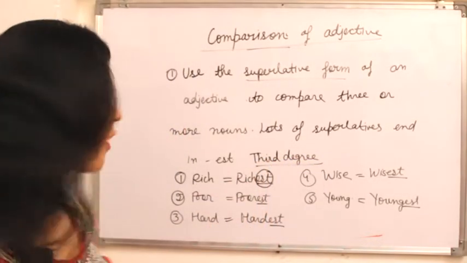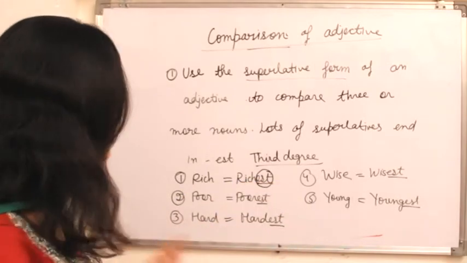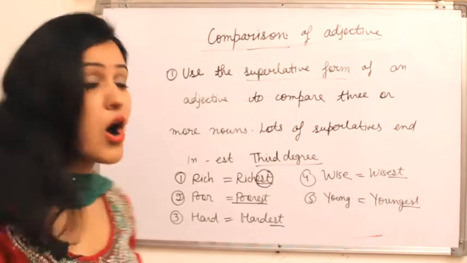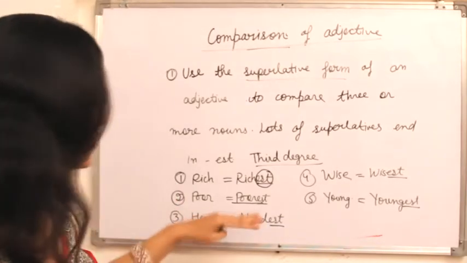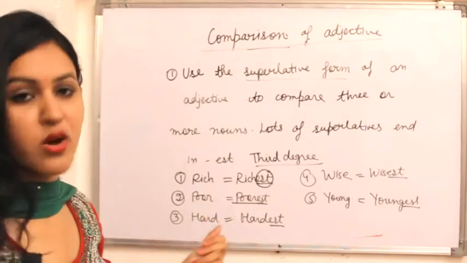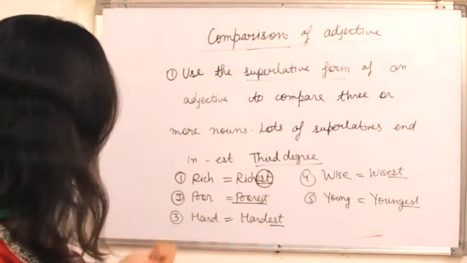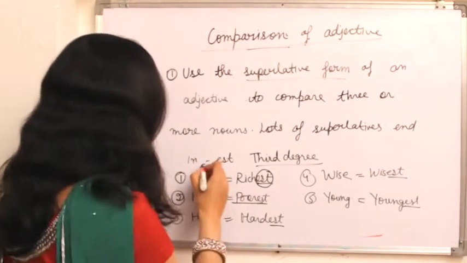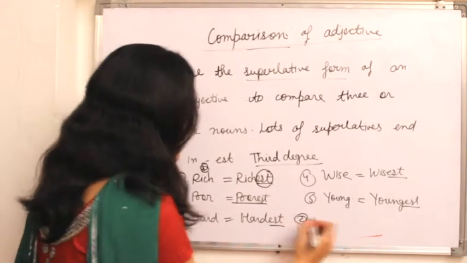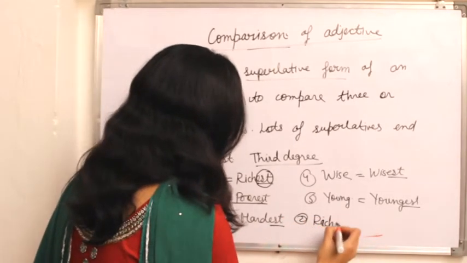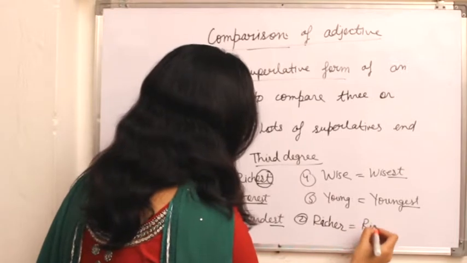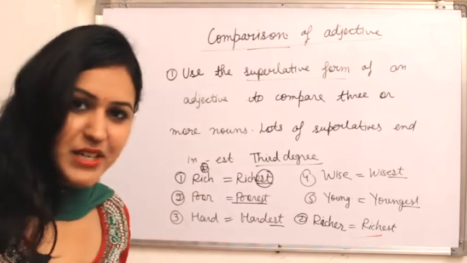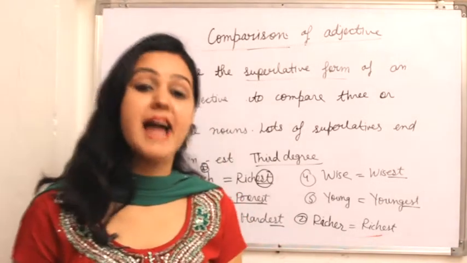So it ends in est. So the exact is rich is at the first position, which is first degree, and second is richer, and third is richest. So this is the comparison of adjectives: first degree, second and third.